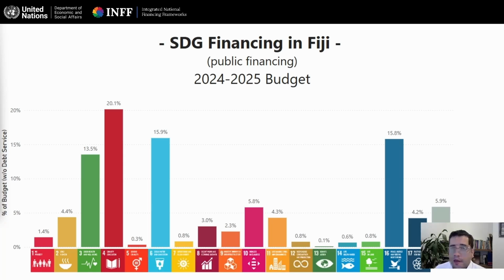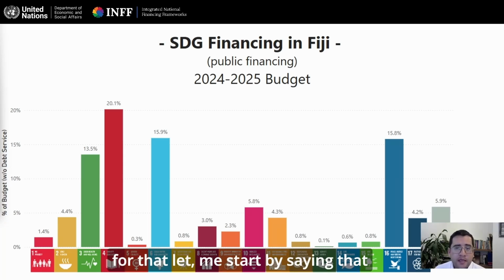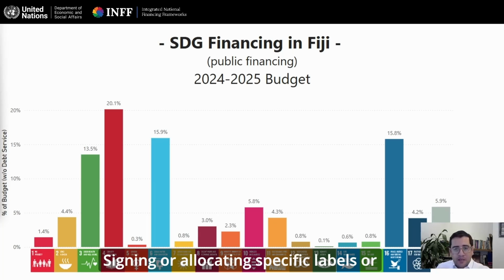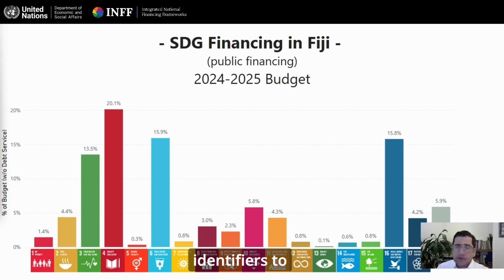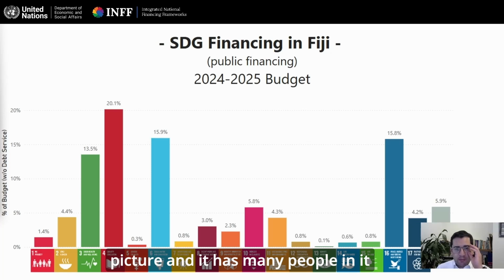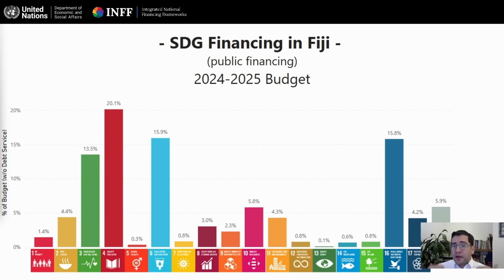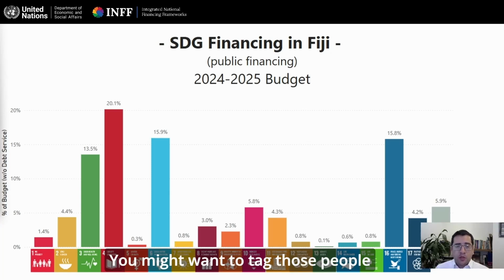For that, let me start by saying that budget tagging is the process of assigning or allocating specific labels or identifiers to expenditures and revenues and other financing flows. Similarly to Facebook or Instagram, when you are uploading a picture with many people in it, you might want to tag those people to understand who's in the picture.